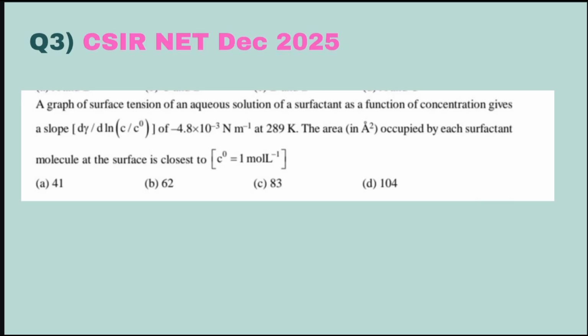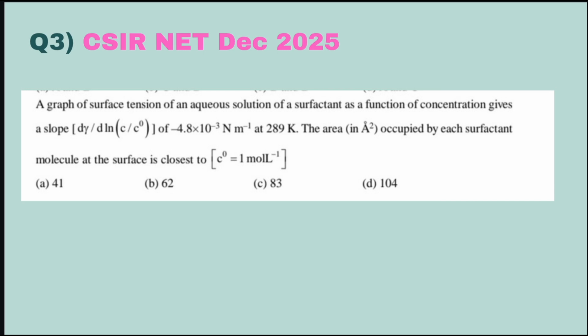And now we will move to the third question. This was asked in CSIR in December 2025. A graph of surface tension of an aqueous solution of a surfactant as a function of concentration gives a slope d gamma divided by d ln c by c naught of minus 4.8 into 10 to the power minus 3 Newton per meter at 298 Kelvin.